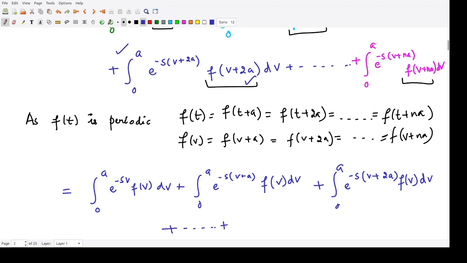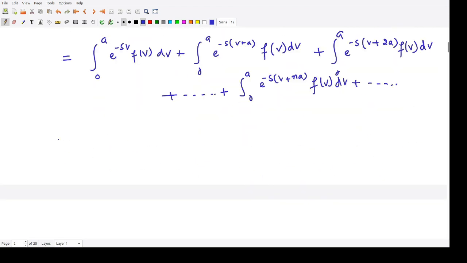The nth term would be integration from 0 to a, e to the power minus s into v plus na, into f of v dv, plus so on. So these are the terms that we have.